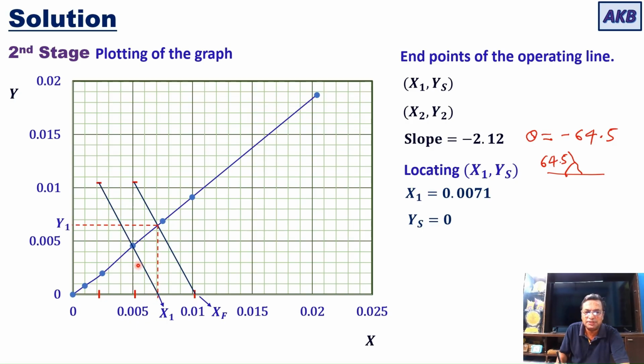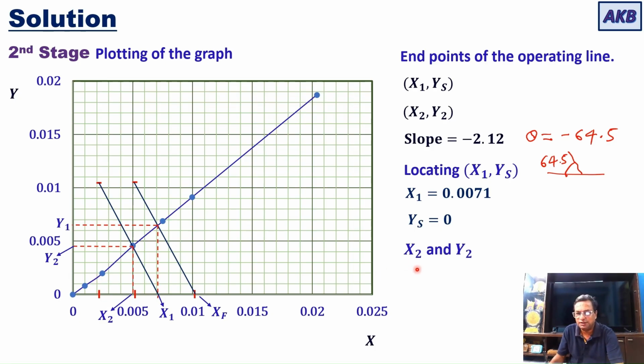And then I'm interested in finding the intersection of this operating line with the equilibrium curve. Here is the intersection, because the coordinates of this intersection point will give me X2 and Y2. So this will give me X2, and the y coordinate will give me Y2.